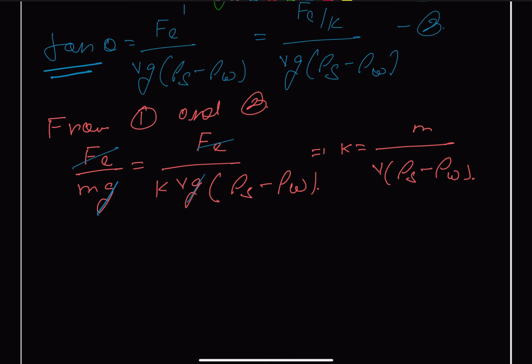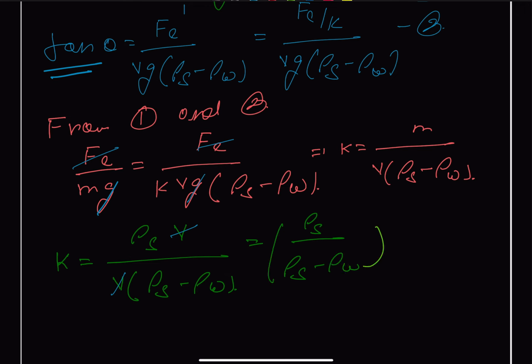So K is equal to density of the solid multiplied by its volume, and volume times (rho s minus rho w). This V and V go away, so we are left with rho s upon rho s minus rho w. This is the dielectric constant, and the values are given to us.